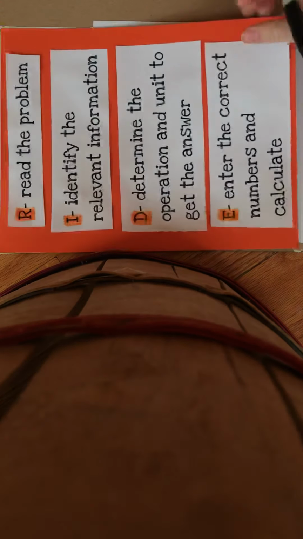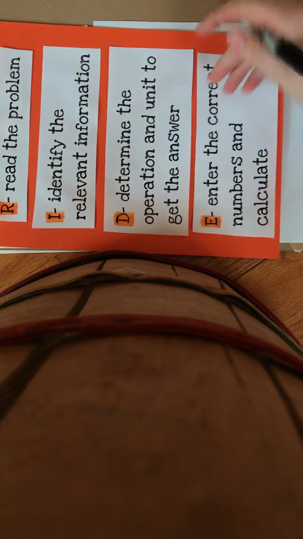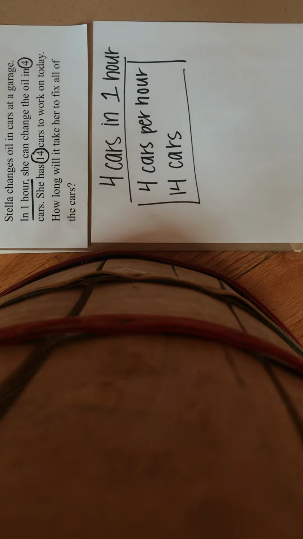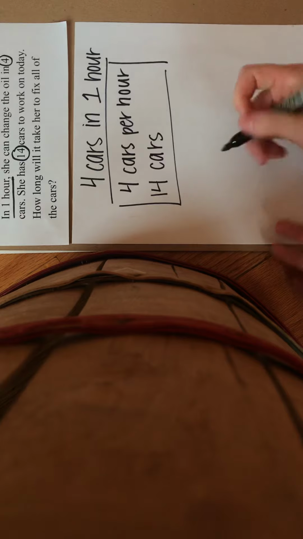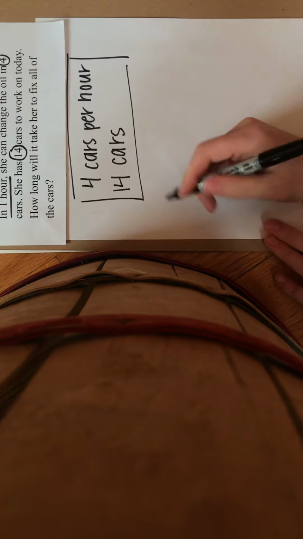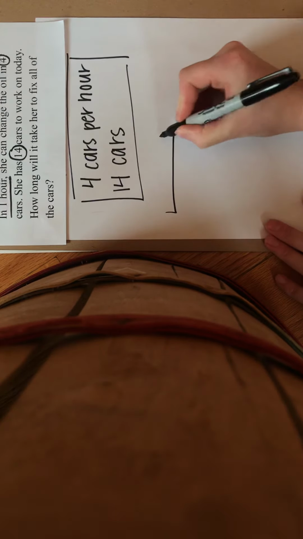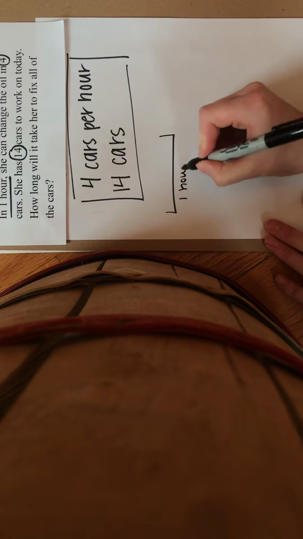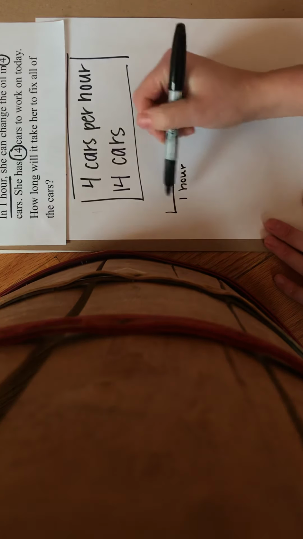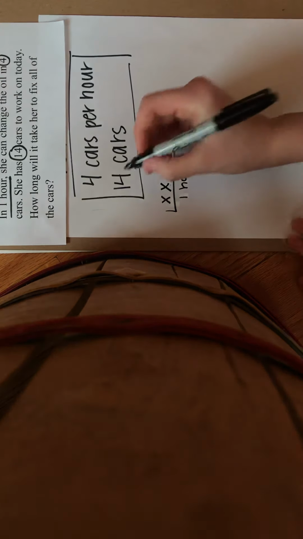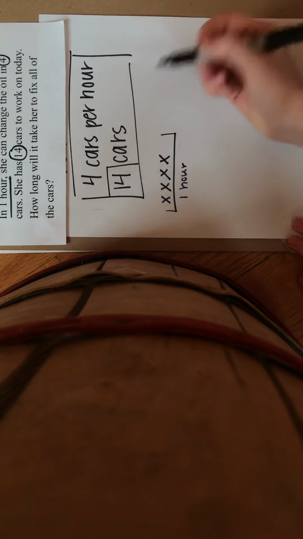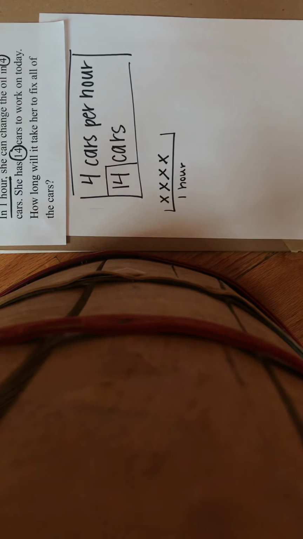So now that we have our information, let's move on to determine the operation and unit to get to the answer. So, in 1 hour, Stella can change 4 cars. She has to work on 14 cars today. That's a lot. How many hours will it take her to fix 14 cars?